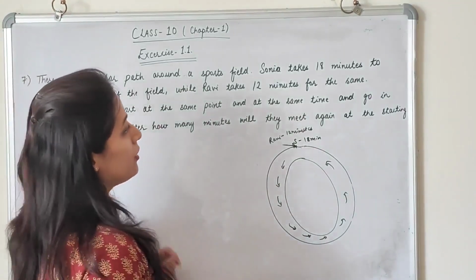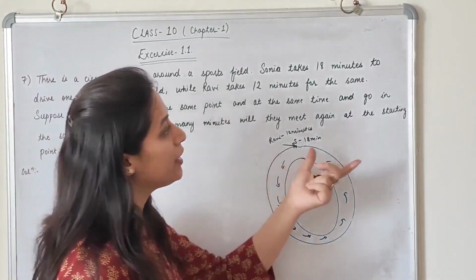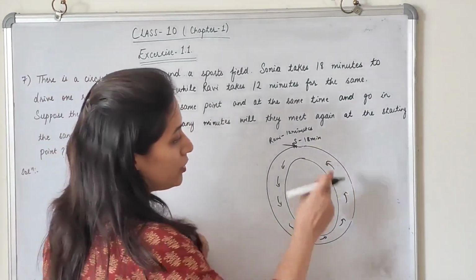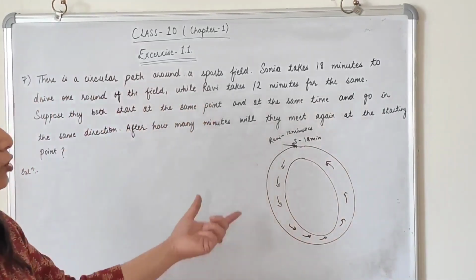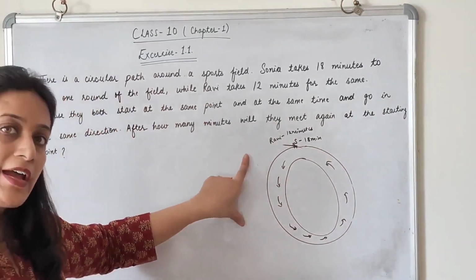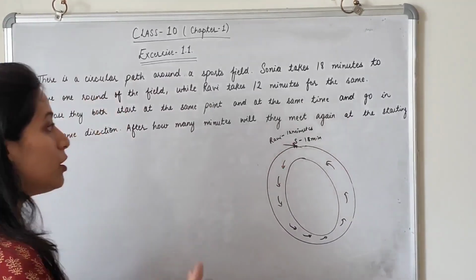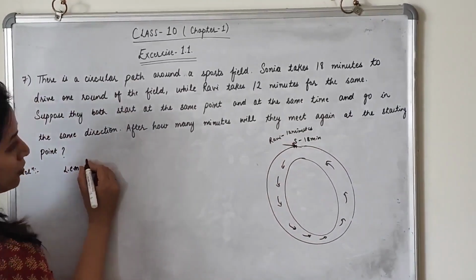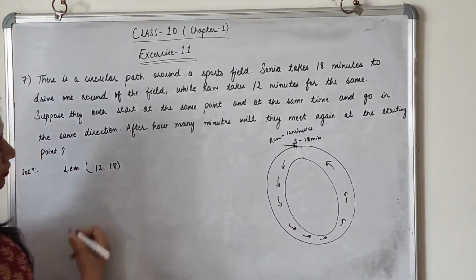But as the question demands, the minimum time they meet again at the starting point. The minimum time they take to cover this whole circular path to meet at the starting point, that we will find with the help of LCM, because LCM gives you a time more than 18 minutes. So that is why we are going to apply LCM of 12, 18.